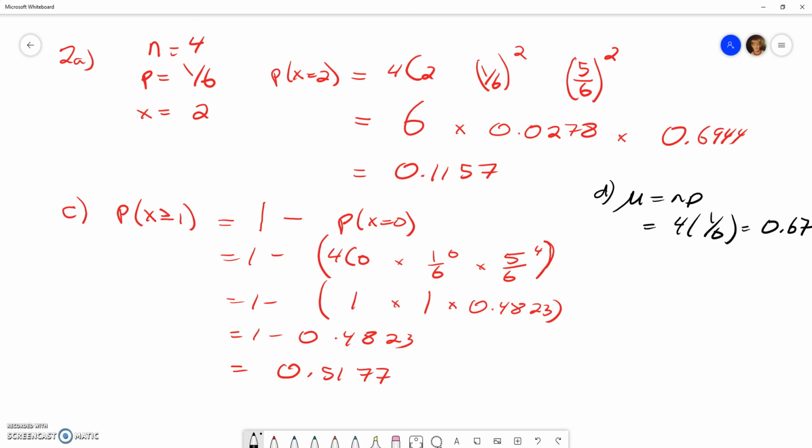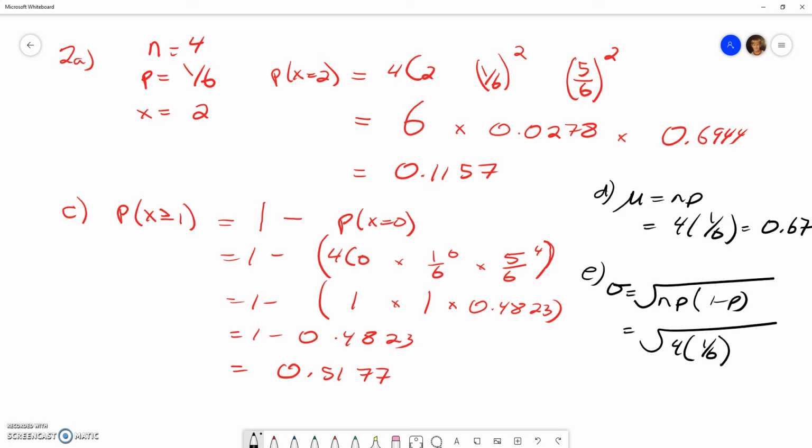And E is the standard deviation for this. The standard deviation is the square root of the variance. So variance is n times p times 1 minus p. So here we have the square root of 4 times 1/6 times 5/6.